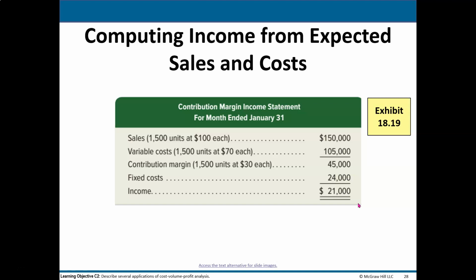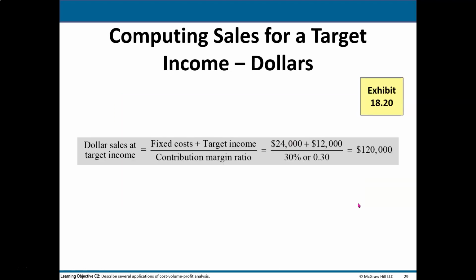Another computation we can make using the CVP analysis is computing sales for a target income. Let's say we have a specific desire that we want $12,000 in profit at the end of the day. Whatever we sell, we want to have $12,000 of profit at the end. To incorporate my desire for that target income, I'm going to add that to my fixed costs.